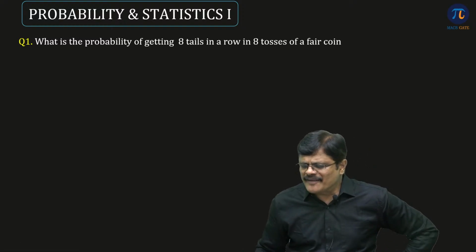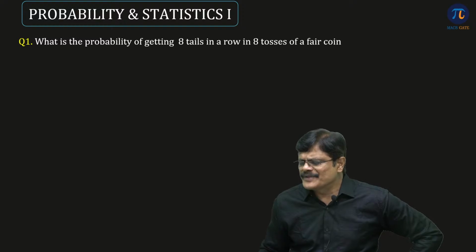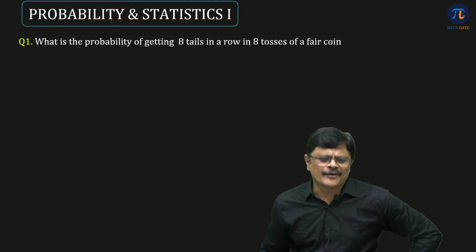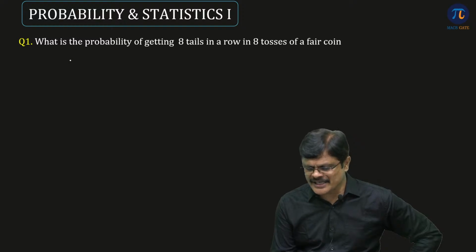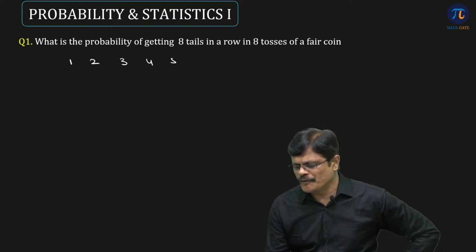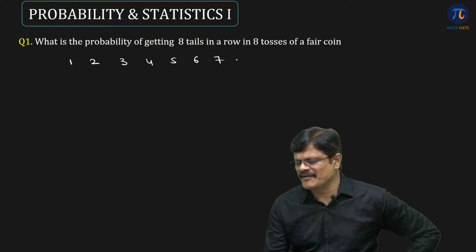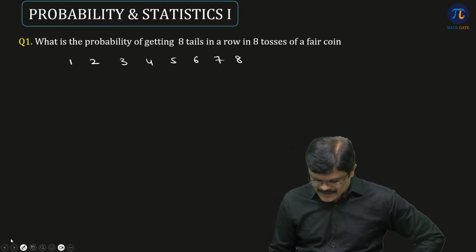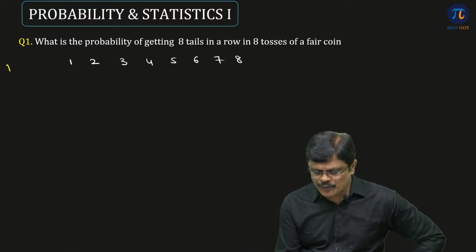What is the probability of getting 8 tails in a row in 8 tosses of a fair coin? So how many times are you tossing a coin? Coin is tossed 8 times. 1, 2, 3, 4, 5, 6, 7, 8. So what is the favorable situation? What is that you want?